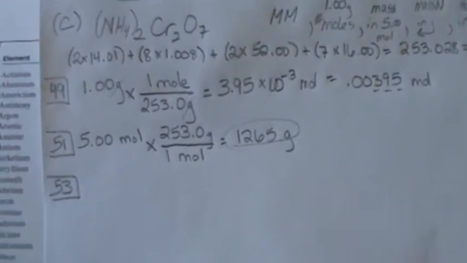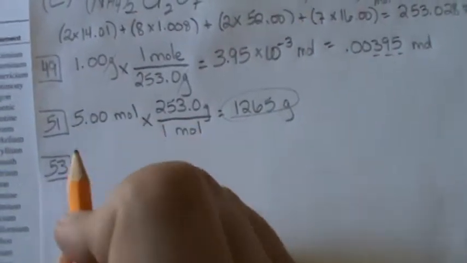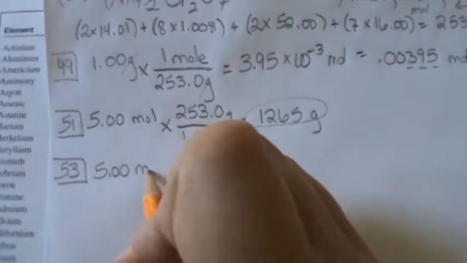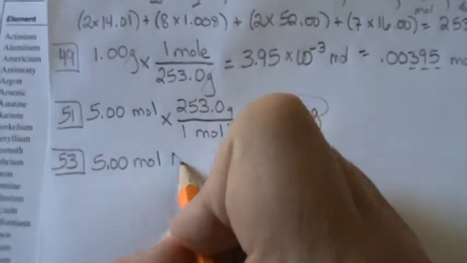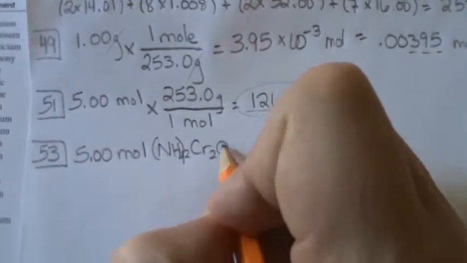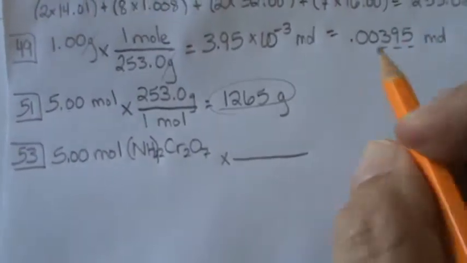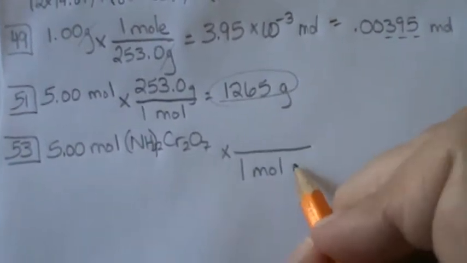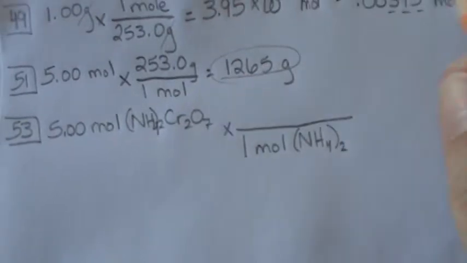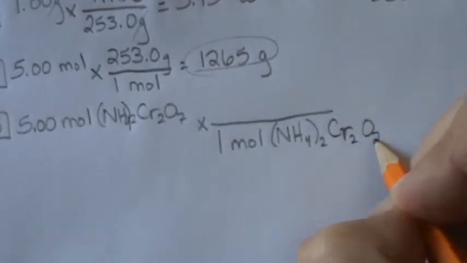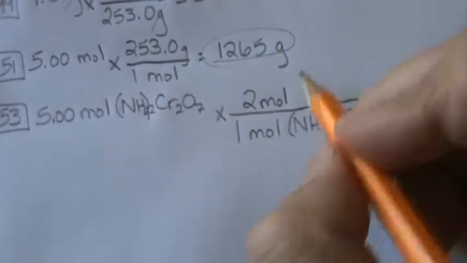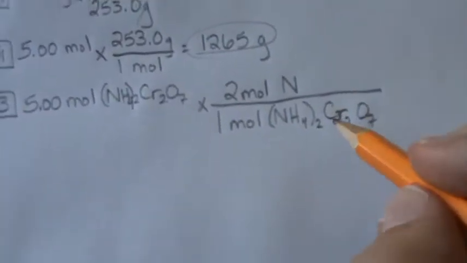So I have 5 moles of ammonium dichromate, and in 1 mole of ammonium dichromate, I have 2 moles of nitrogen, because there are 2 nitrogens.